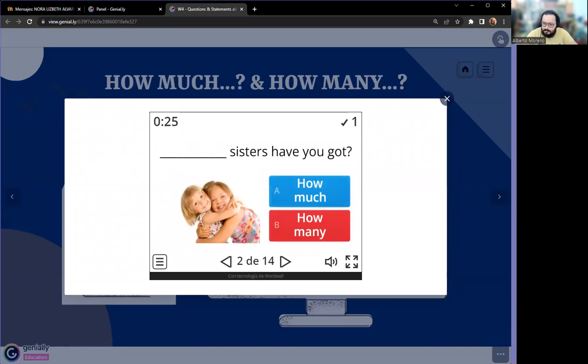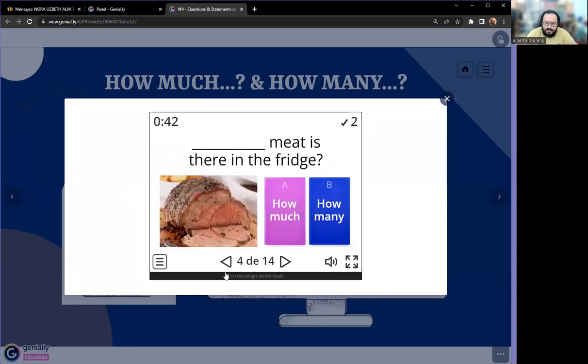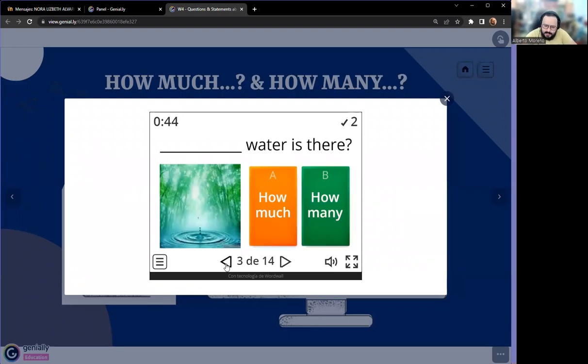Pudiera leer la oración completa con toda la respuesta. How many sisters have you got? Have you got or do you have? Es lo mismo. Have you got es británico, do you have es inglés americano.